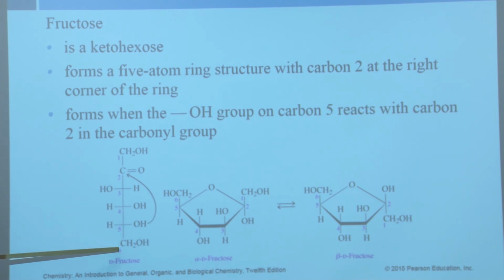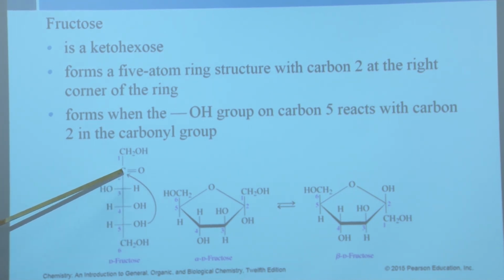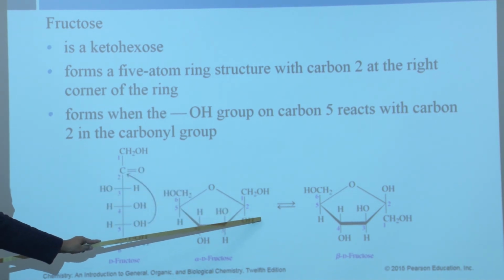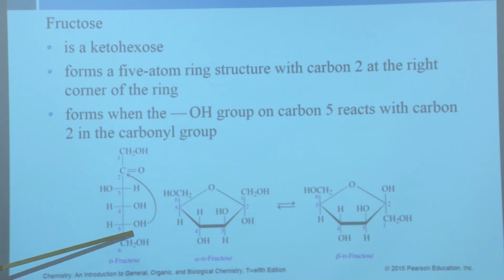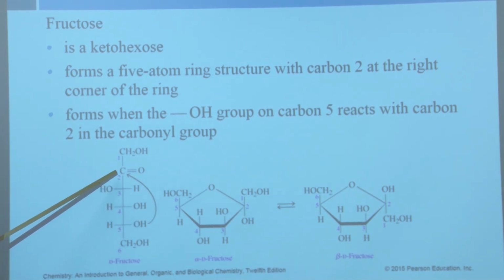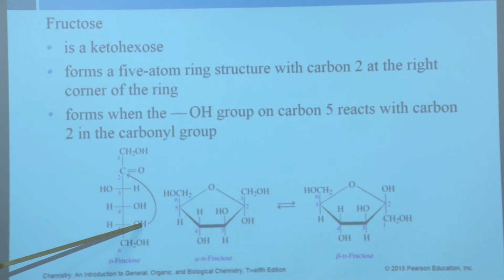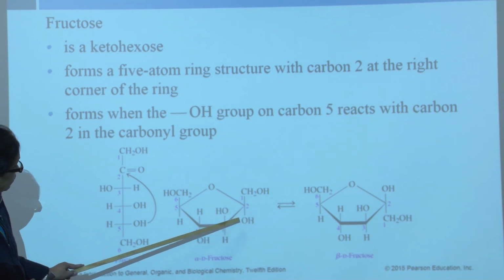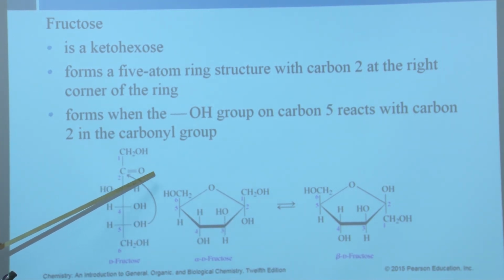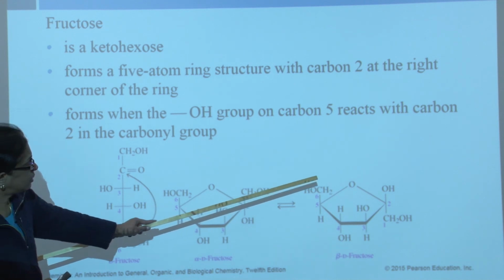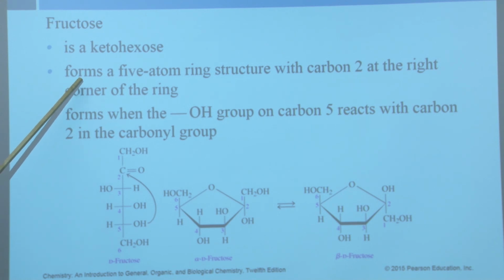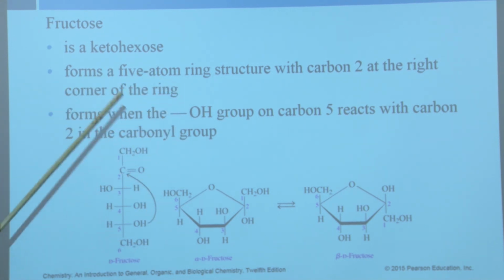So when you're folding this molecule and connecting it here, this will line up here, and this determines alpha or beta. And this O connects to this carbon, and this H goes with the O to create the hydroxyl group. And this hydroxyl group, the H and the O, determines if it is alpha or beta fructose. But the difference between glucose and fructose is that it forms a 5-atom ring structure with carbon 2.